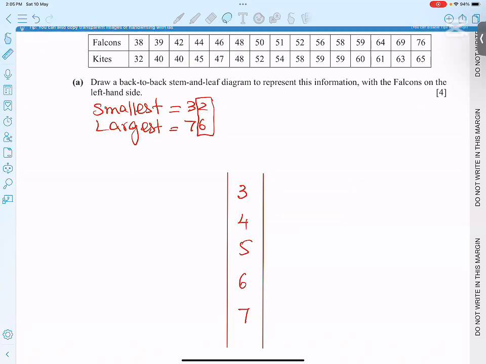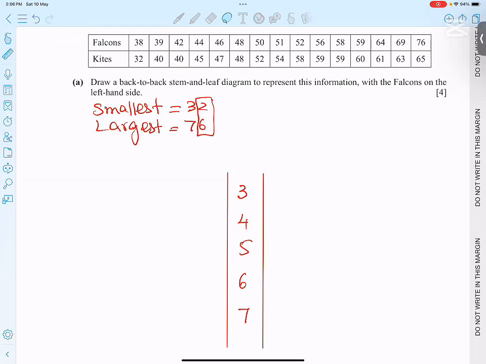So I think this point is very clear. So let's start, falcons and kites.